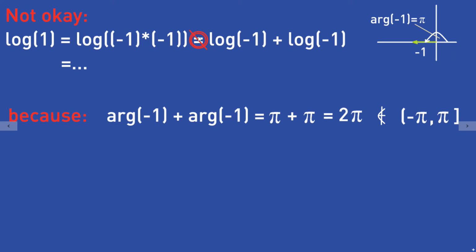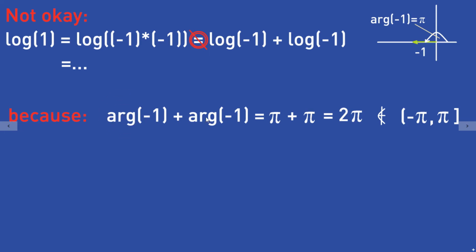So we are not allowed to use this calculation rule at this point here, because the argument of -1 plus the argument of -1 is equal to... So we have to find the argument of -1. You can see it here at this point. The argument of -1 is just pi, because it's this angle here.